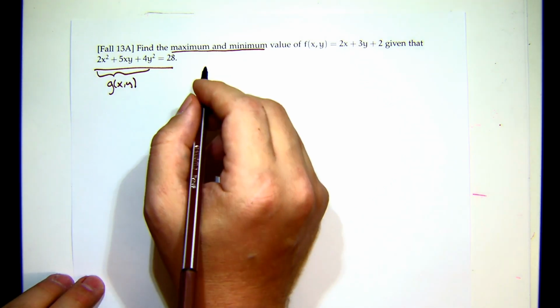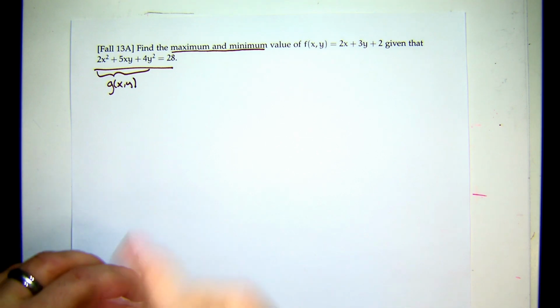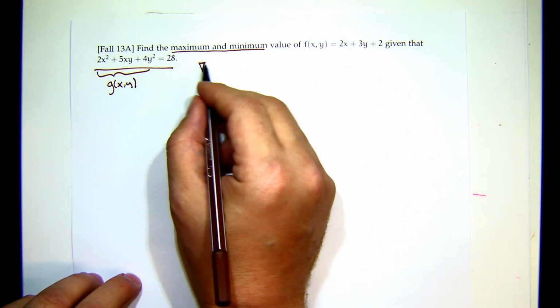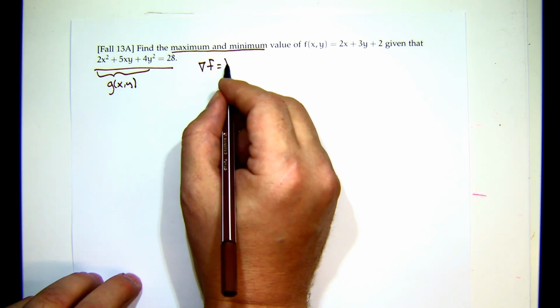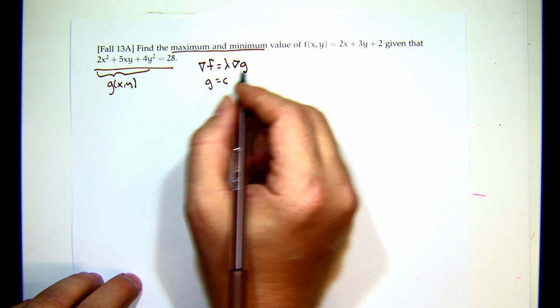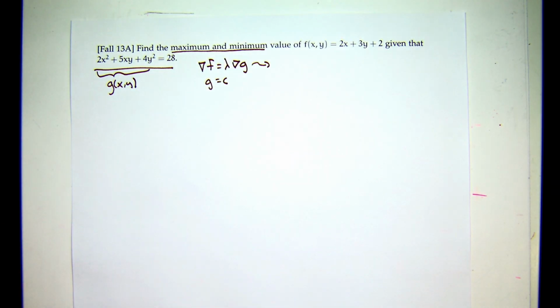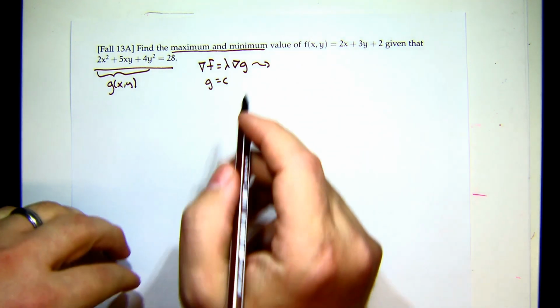All right, now what does Lagrange multiplier say? Yeah, the gradients have to be parallel. The gradient of f is lambda gradient g, and the constraint is satisfied. So we're going to focus on the gradient of f equals lambda gradient g. From there, we're going to extract a relationship between x and y, and we're going to mix that in with our constraint, and hopefully good things happen to us.